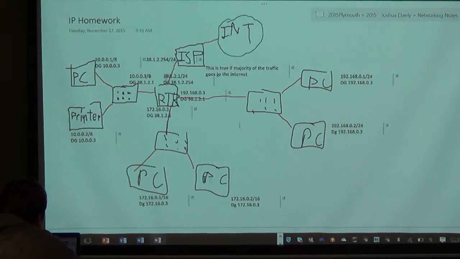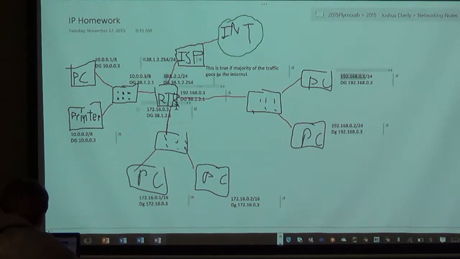Again, if this PC has a destination, its network is 172.16.0.0. If it has a destination of 192.168.0.1, it doesn't know where that is. This PC doesn't. So it's going to send it to this router's interface. This router is already connected to this network.